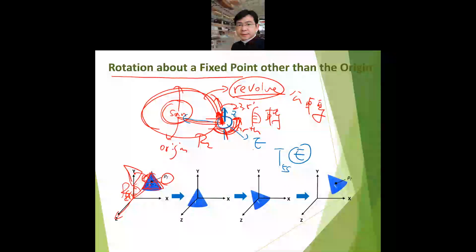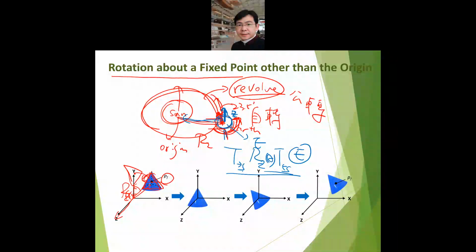Then we can do the rotation, if we simplify this problem as rotation Rz by theta here, and then move back with the inverse translation Ts here. So in this case, we can do the so-called rotate, right?